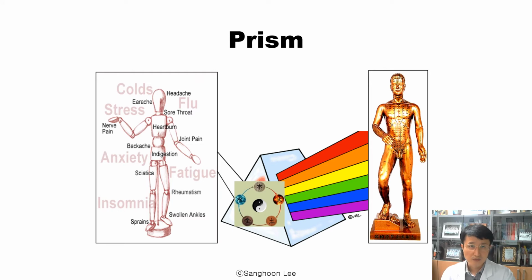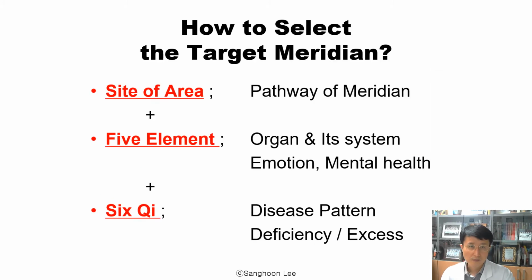Like a prism, you can reorganize and analyze patients' complicated symptoms or syndromes through the five-element theory to decide the primary target element or meridian for treatment. There are three ways to select the target treatment meridian.